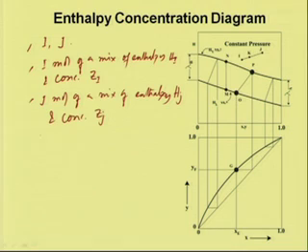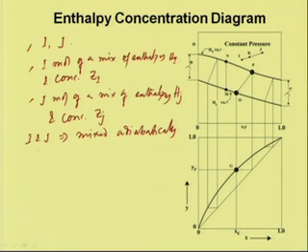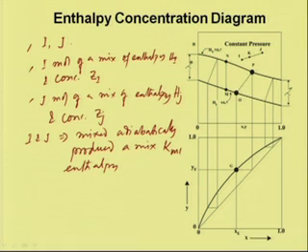Now, the solutions I and J are mixed adiabatically and produce a mixture K mole of enthalpy H k and concentration Z k.